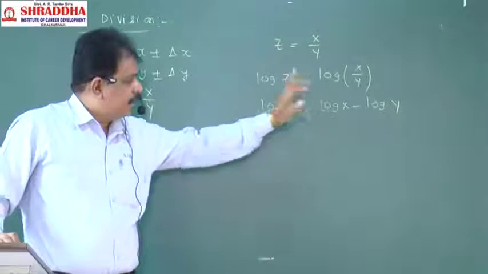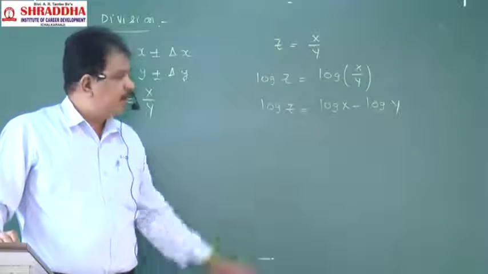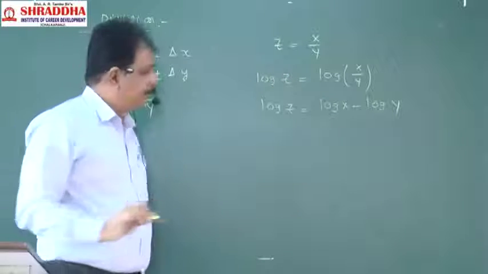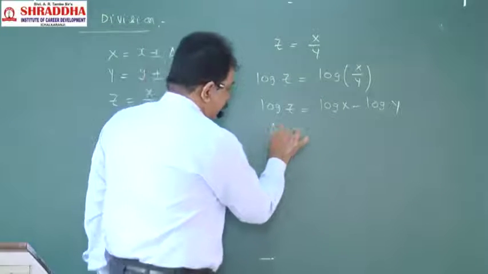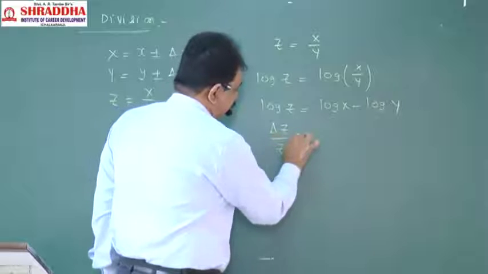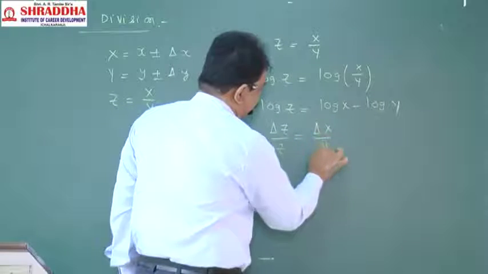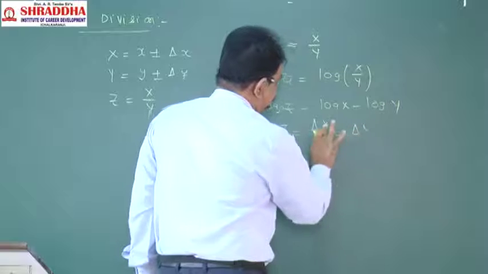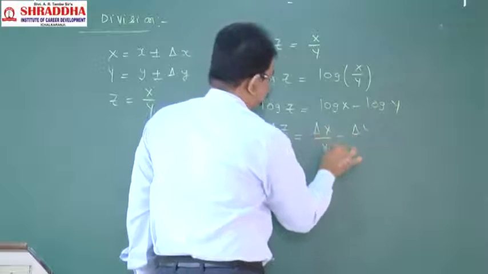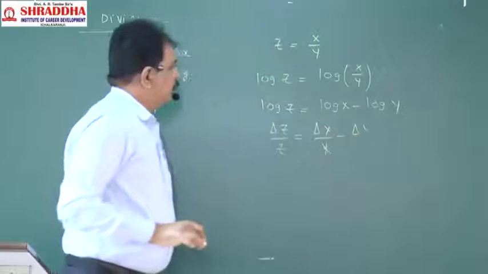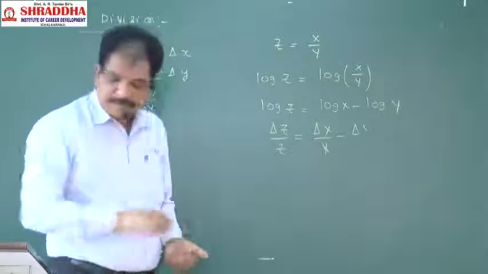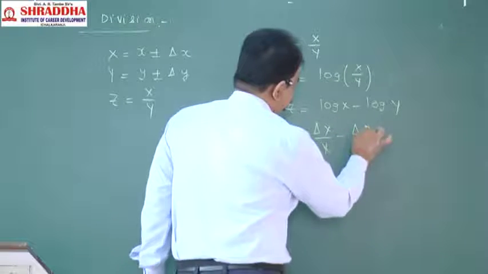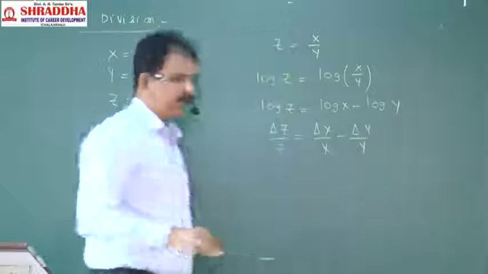Okay, log a by b is log a minus log b. Then on differentiating this, delta z by z is equal to delta x by x, and this value will be delta y by y.